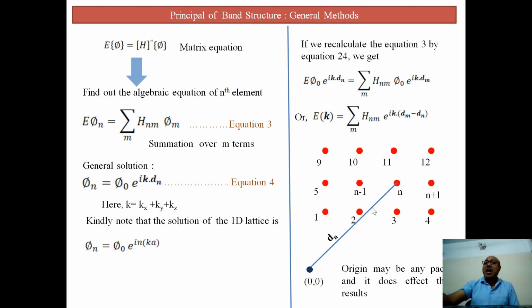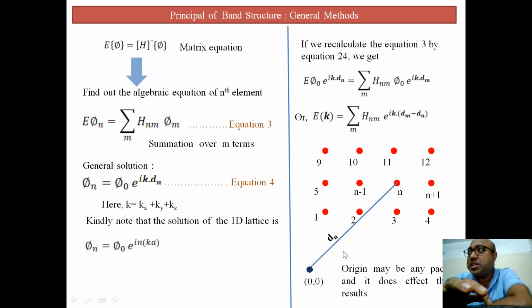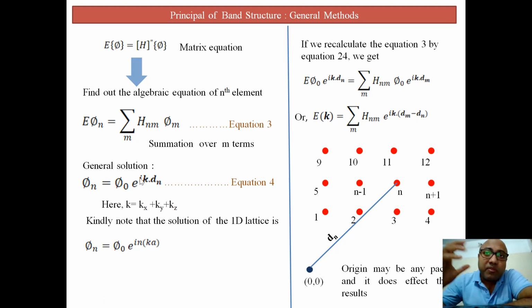Why it doesn't matter, I'll show you in a minute. But as an example, I have taken the origin here, and the distance from the origin to here is dn, the nth component distance from the origin. And k, if it is three-dimensional, because maximum we can have a three-dimensional crystal, is kx, ky, kz. That's my solution.